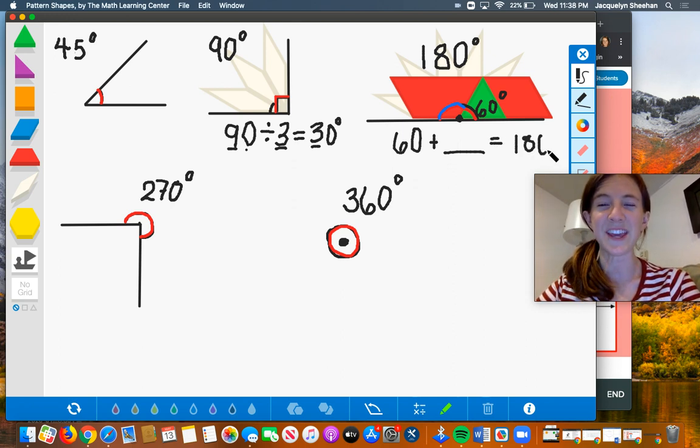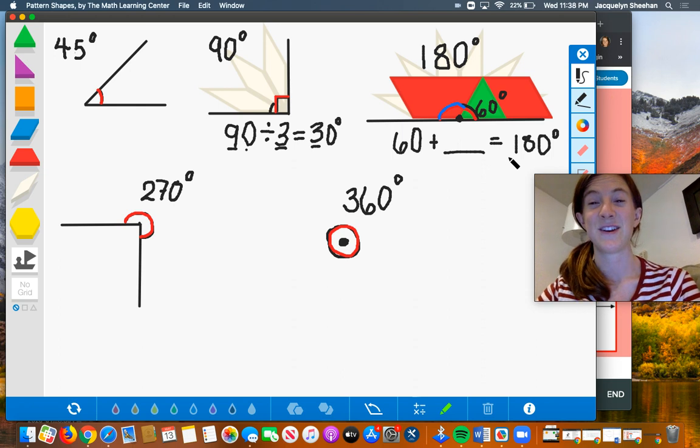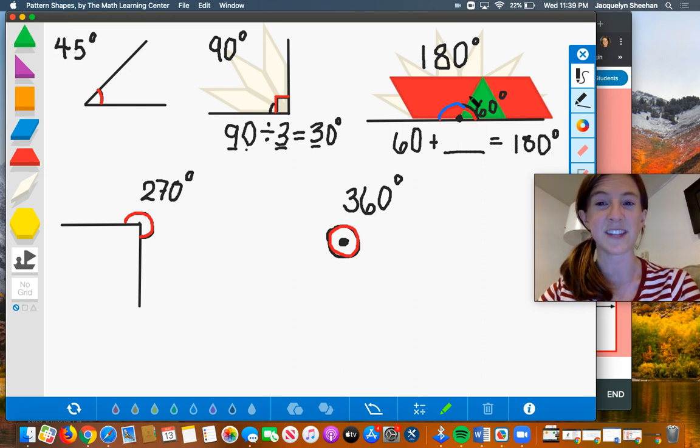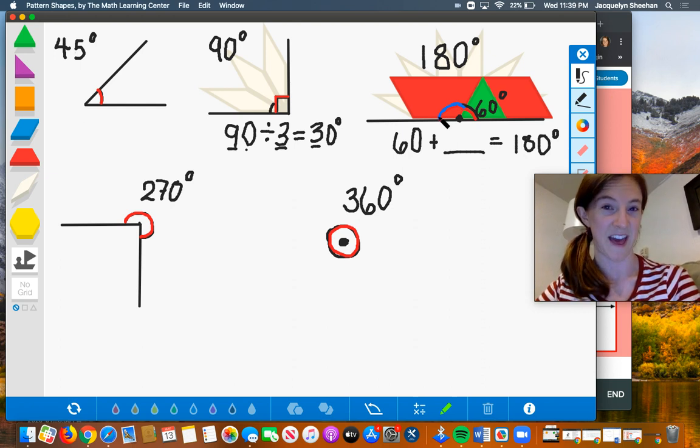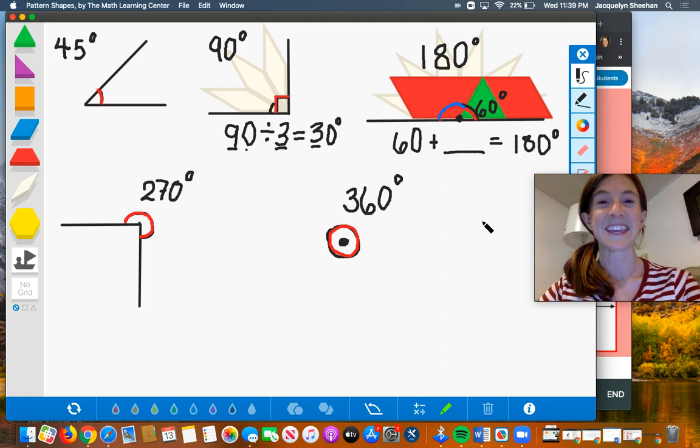Or what is the inverse, the opposite operation of addition? Subtraction. So if the whole thing's 180, subtract out this 60, and you'll have what's left. I just gave you a very big hint for the next slide. Give me your best. I'm excited to see how you do today.